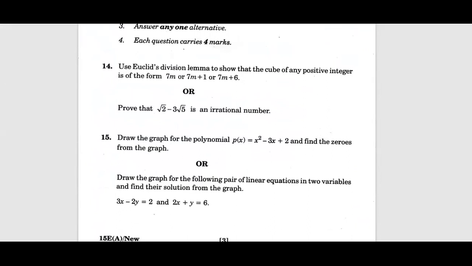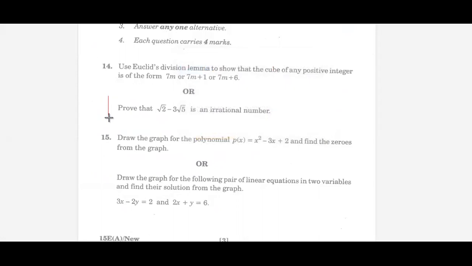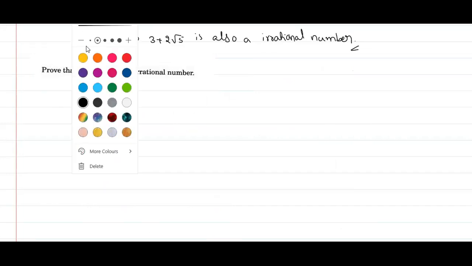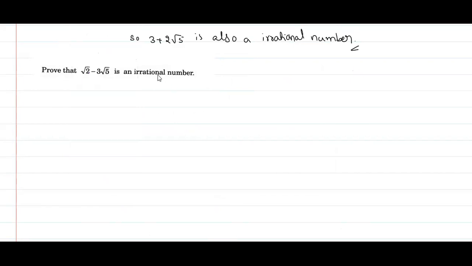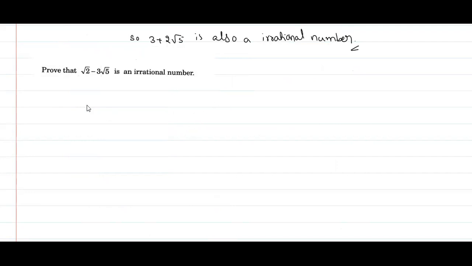Now again, one more question. Prove that root 2 minus 3 root 5 is an irrational number.